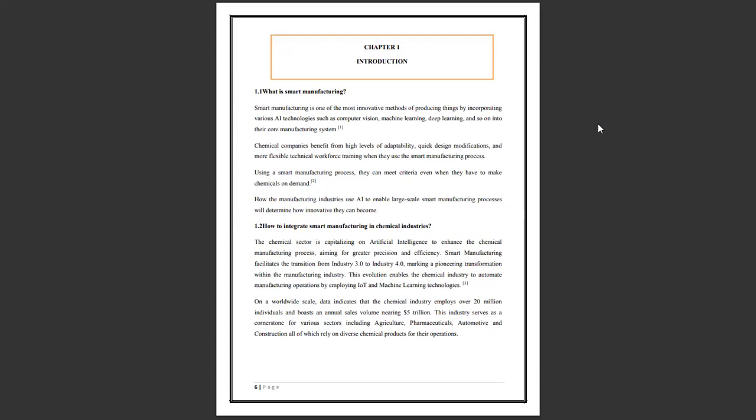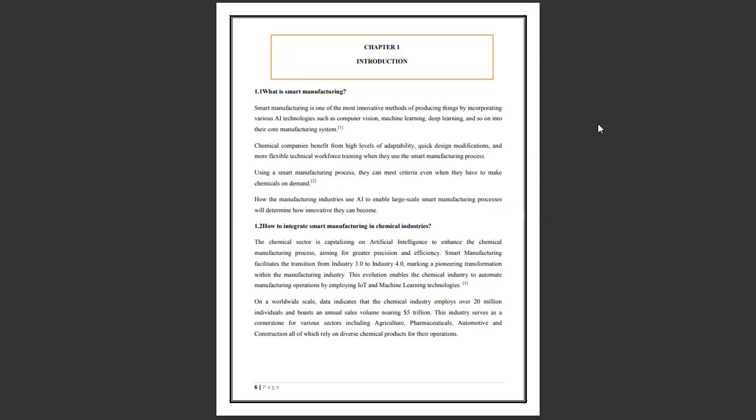Smart manufacturing is one of the most innovative methods of producing things by incorporating various artificial intelligence technologies such as computer vision, machine learning, deep learning, and so on into the core manufacturing system.